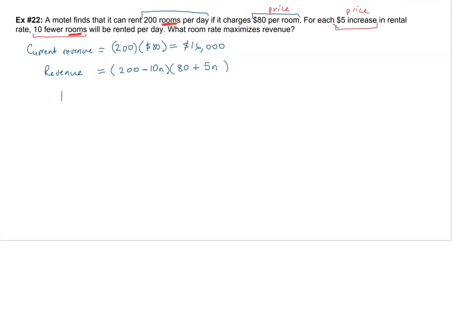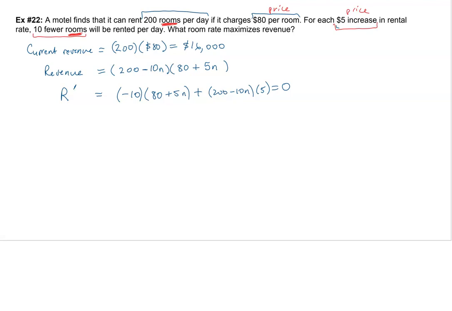So I'm going to take the derivative of this and set it equal to 0. Again, I'll use the product rule. Can we go right into it this time? I'm going to take the derivative of 200 minus 10n, get a negative 10, leave the 80 plus 5n alone. And then on the other side, I'll leave the 200 minus 10n alone, and I will multiply by the derivative of 80 plus 5n, which is just a 5. All of that has to equal 0.